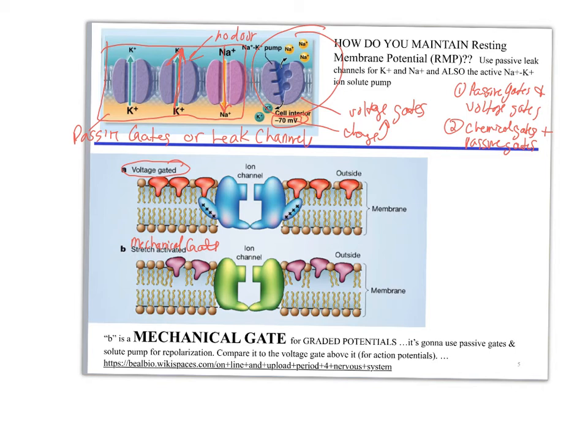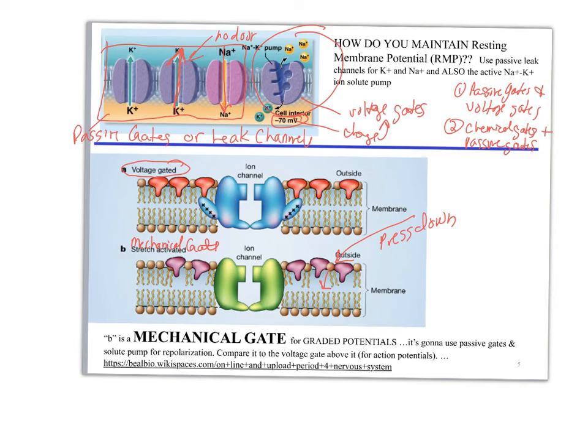But the mechanical gate, what you have are these little doohickeys here. And when you press, so say I'm going to press down right there. When I do that, that's like the little toy that causes this to pop down and go down. I hope that made sense. So if you press on the tissue, it causes the little gate to pop open.